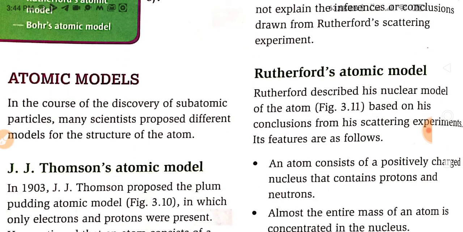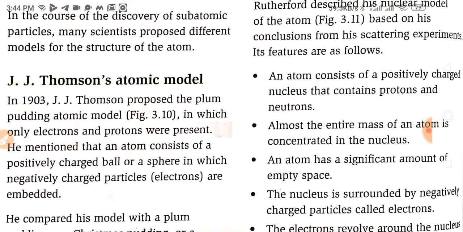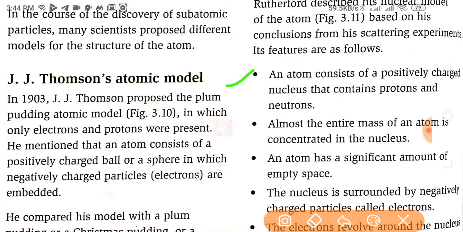Now, Rutherford himself also gave a model, Rutherford's atomic model. He described his nuclear model of the atom based on his conclusions from his scattering experiment. Its features are as follows. An atom consists of a positively charged nucleus that contains protons and neutrons.